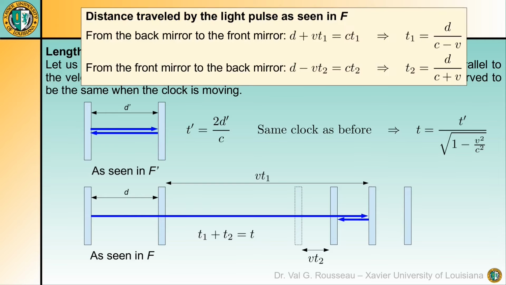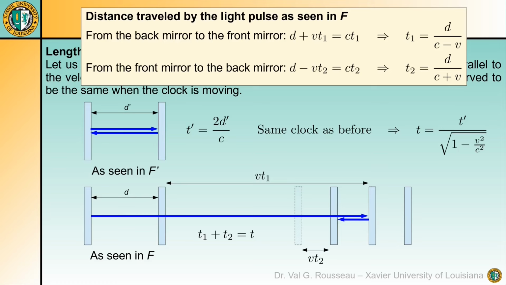Now the distance traveled by the pulse from the back mirror to the front mirror is d plus vt1. According to Einstein's postulate, this distance must be equal to ct1. So we can solve for the time t1 and find that it is equal to d over c minus v.